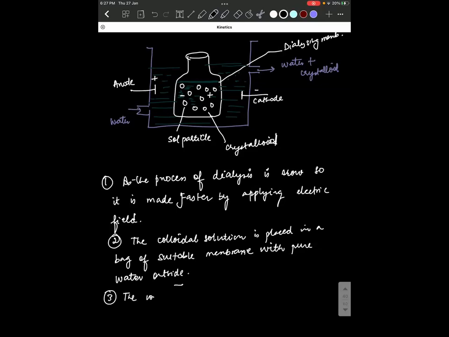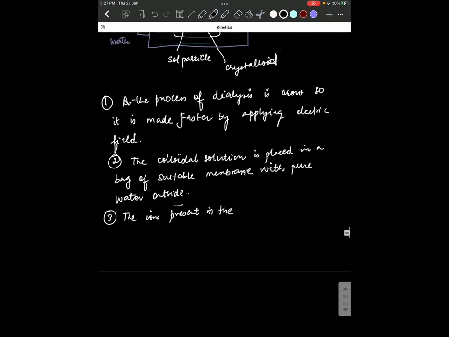The ions present in the colloidal solution migrate to the attached positively charged electrodes.